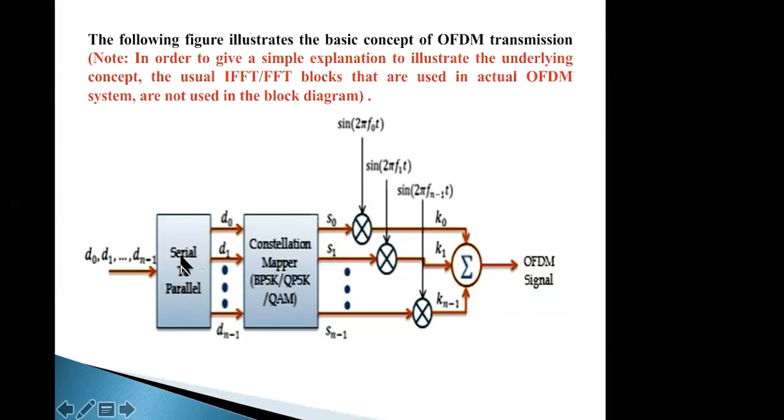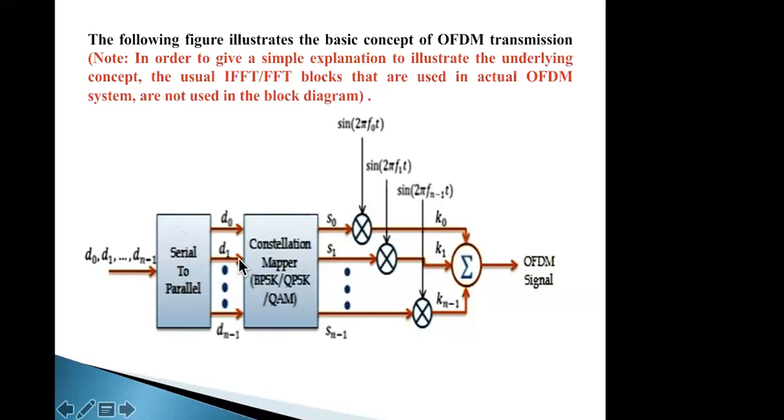We wait at serial to parallel conversion, because of the QPSK or QAM format. In this example, suppose I'm taking 4 carriers and the constellation is QPSK. Each carrier can take 2 bits at a time, so 4 into 2 is 8. Until the transmitter gives 8 bits, I wait at the serial to parallel point.